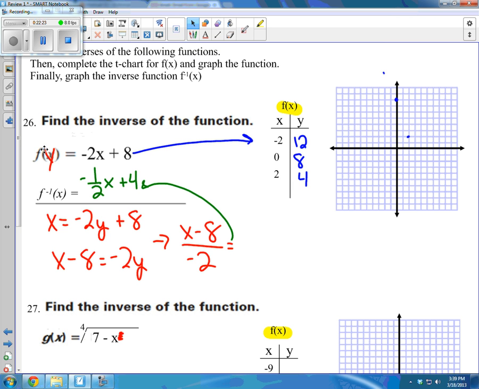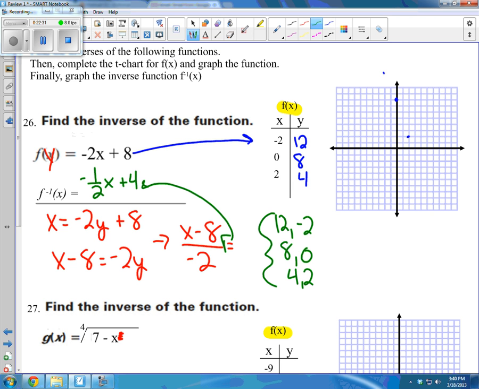And then technically, their inverse points should be switched. So when I graph the inverse, I should be able to graph these points. So here is 12, negative 2, 8, 0, and 4, 2.